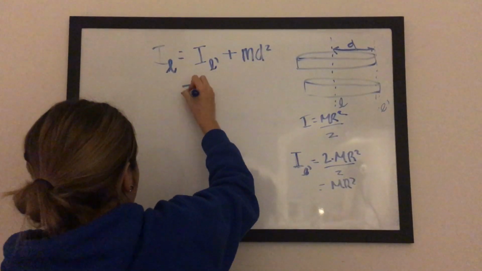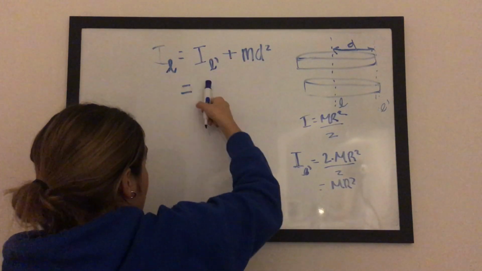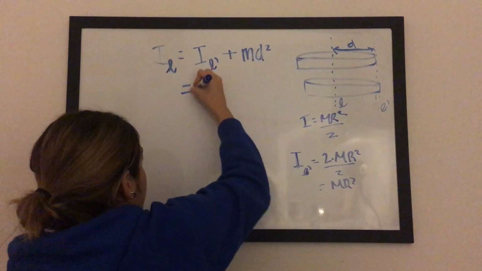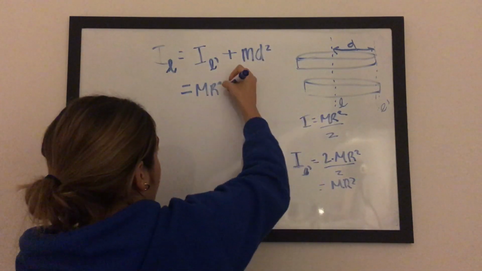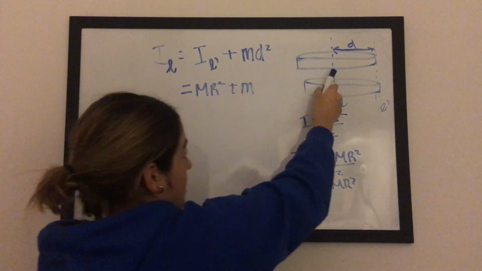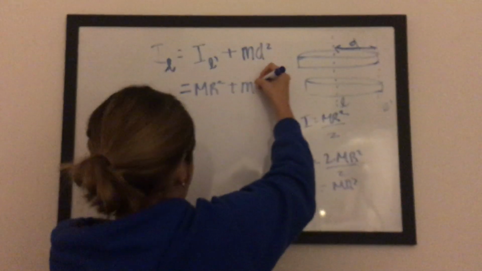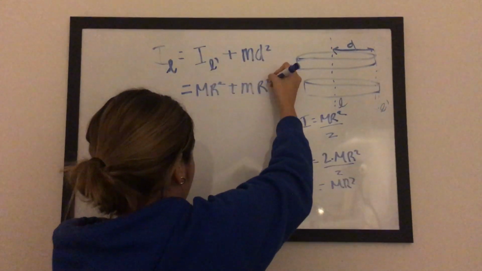So we can say that the moment of inertia is going to be mr squared, which we just calculated, plus m times our distance, which is just r, times r.